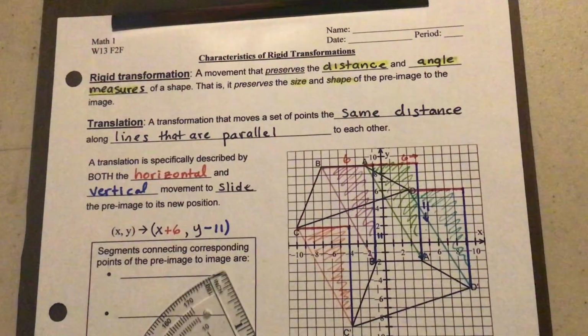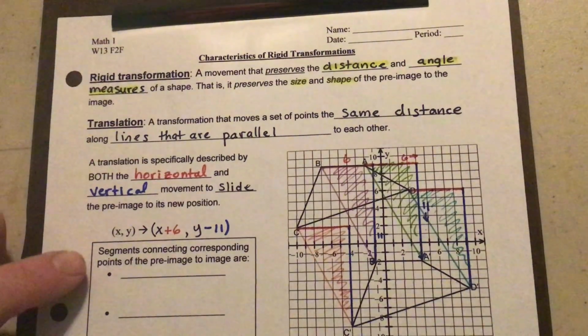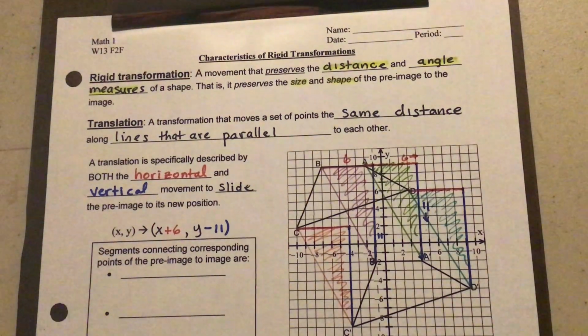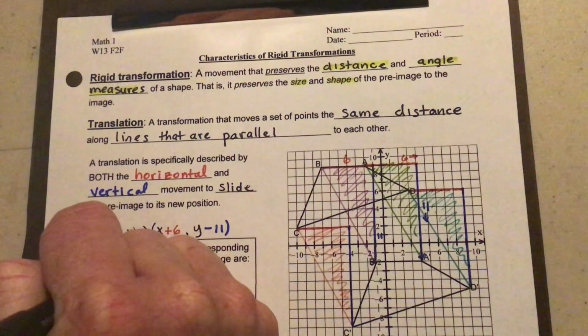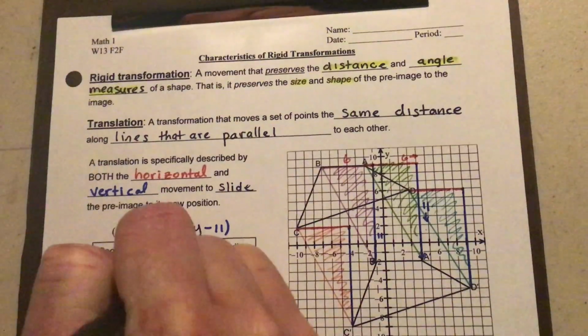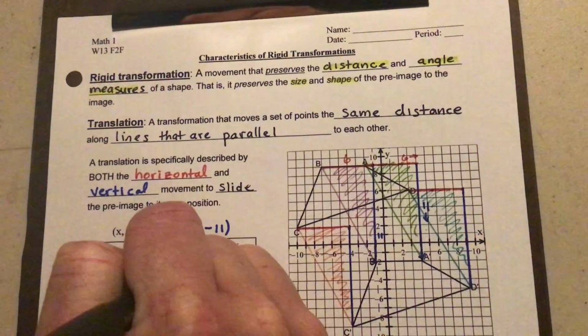And that's going to get into some of the properties that we're going to be looking at here. So when we connect the segments from its corresponding point of the preimage to the image, there's two things that kind of stand out. First off, all four of those segments are going to be parallel to each other. Now by parallel, that means they have the same slope.